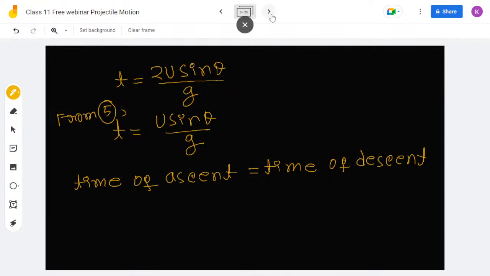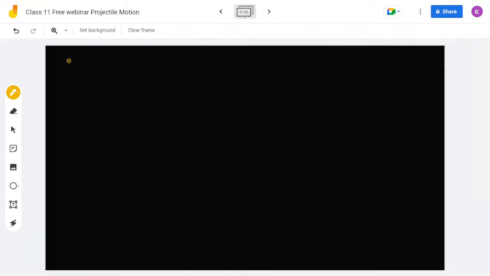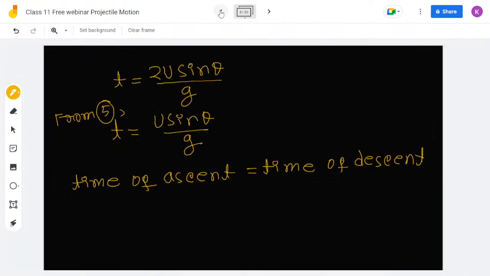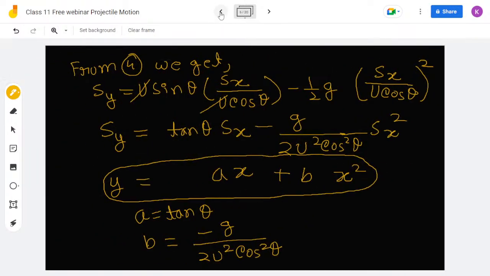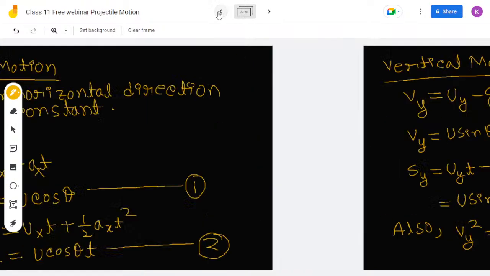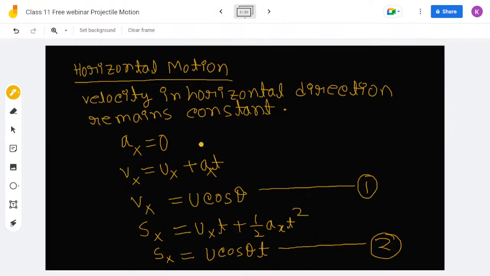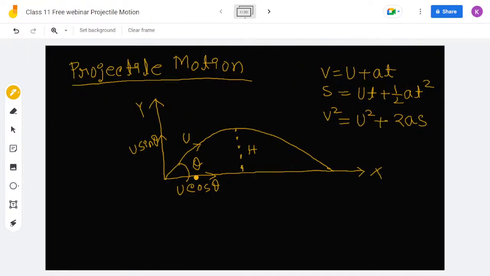Again, if we try to find out the range of the projectile motion, we take the horizontal motion and the horizontal component of the velocity into account, and we know that u cos theta, the horizontal component, will work for range.